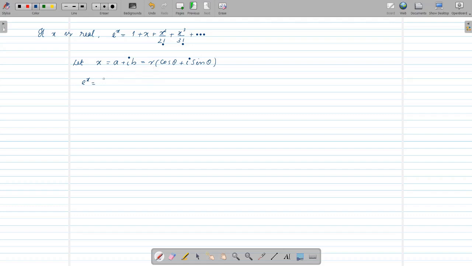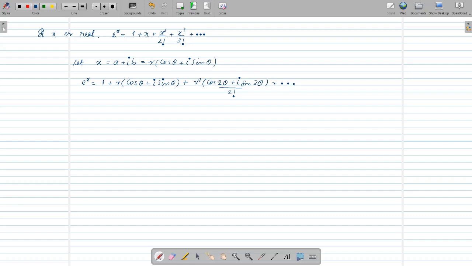Clear? Then you will get 1 plus r times cos theta plus I times sin theta plus r square times cos 2 theta plus I times sin 2 theta, divided by factorial 2, plus etc.